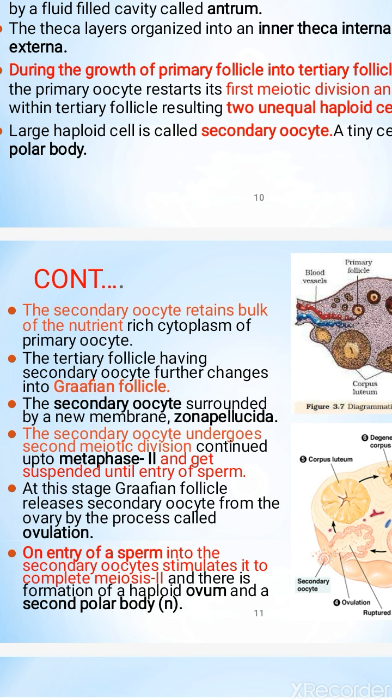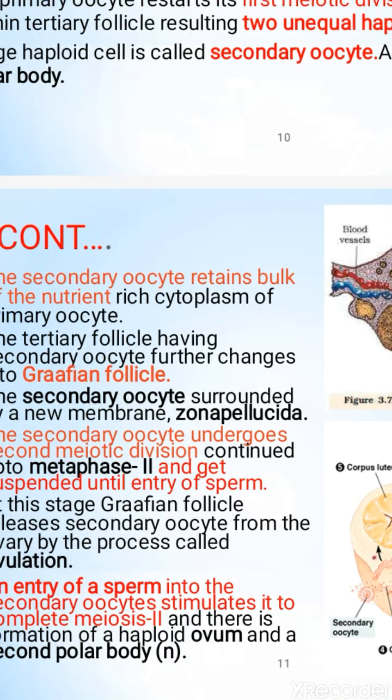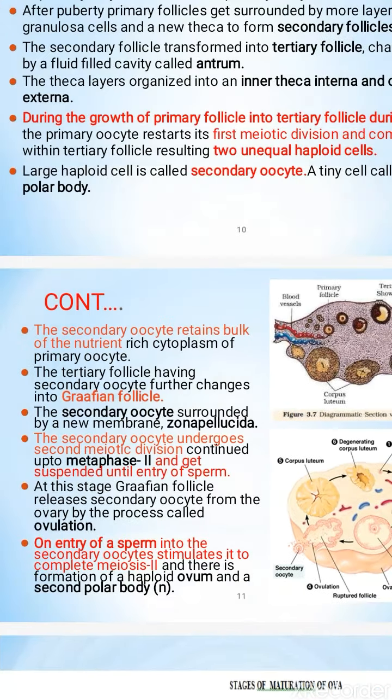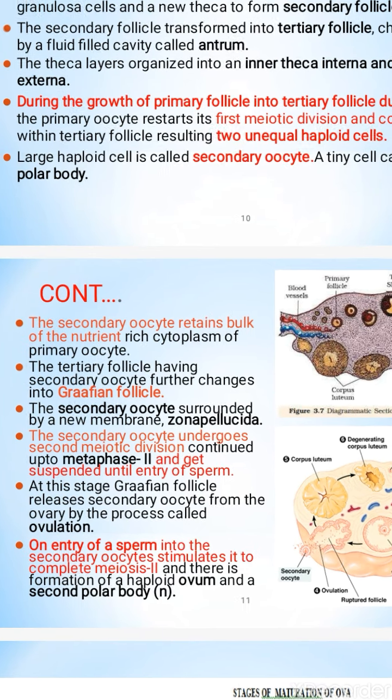Now the secondary oocyte undergoes the second meiotic division and continues up to metaphase 2 and gets suspended. Only the entry of sperm will make the secondary oocyte proceed to further second meiotic division. Till then it will be stopped there itself, suspended in metaphase 2 condition.